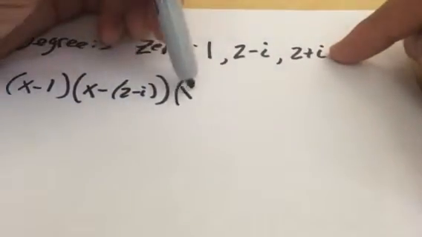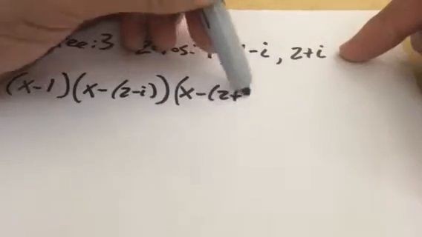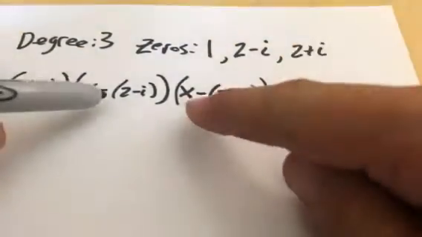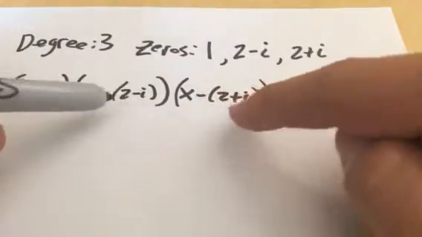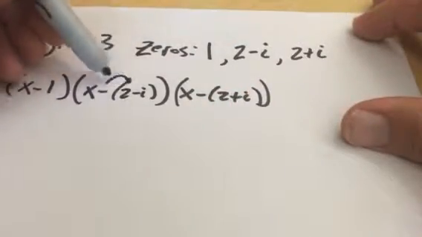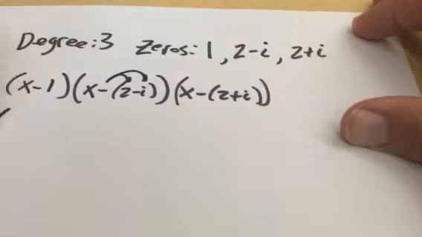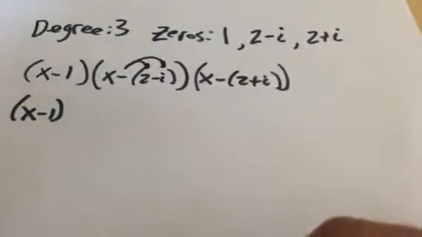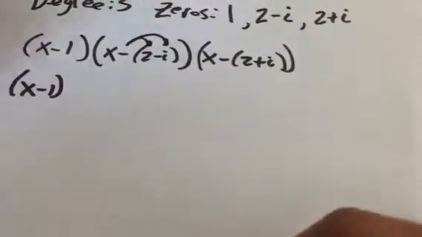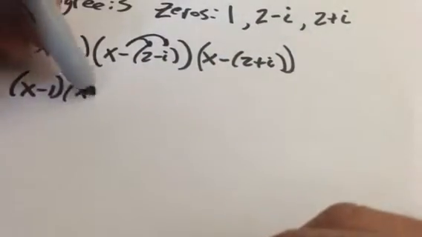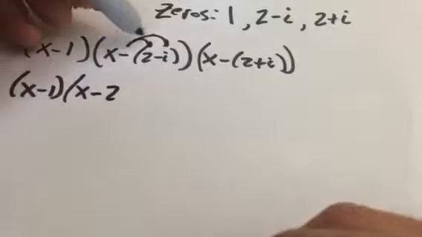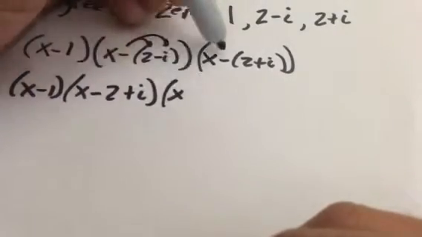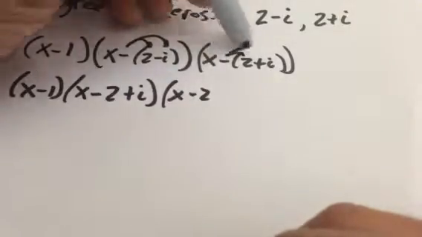And then same thing here, x minus that 0. And now what I need to do is multiply these things out. And before I do that, I'm going to deal with this negative. I'm going to distribute that negative into there. So this is still an x minus 1. And so notice that this becomes x minus 2 plus i. This becomes x minus 2 minus i.